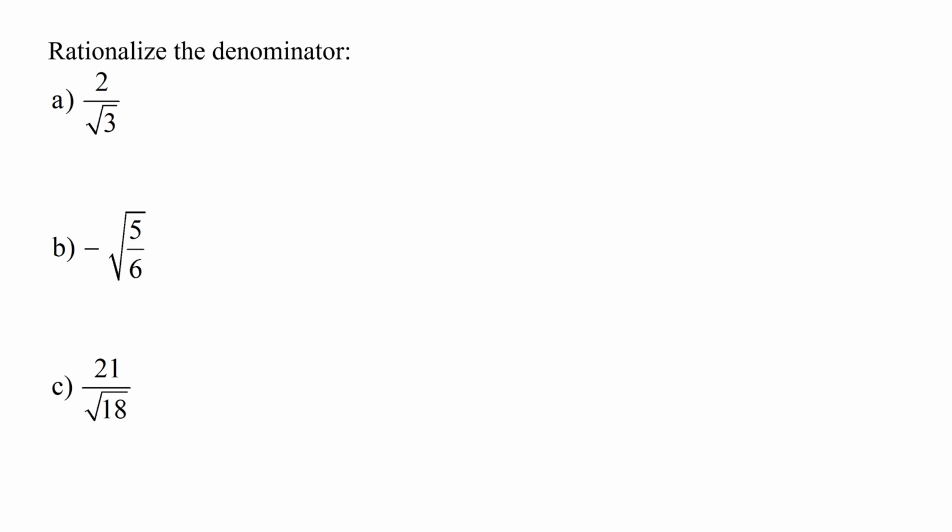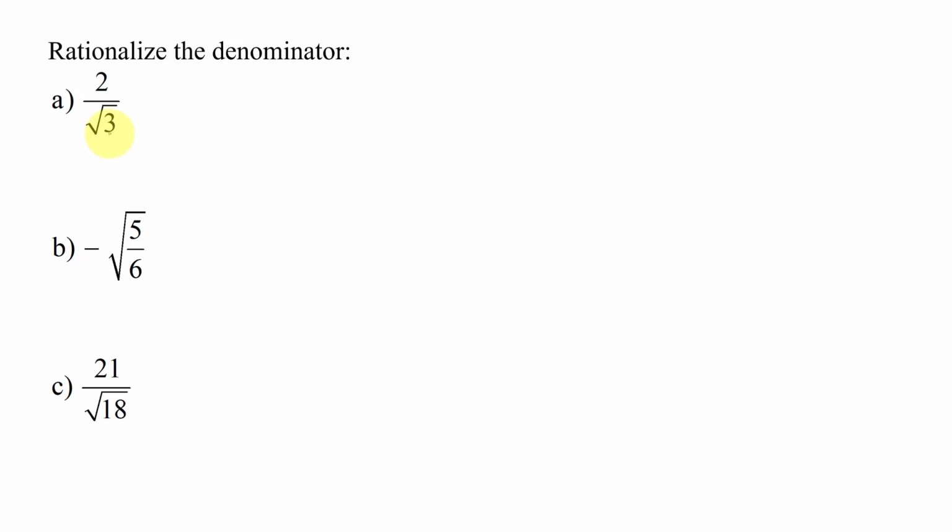that won't simplify. So looking at our first example, which is 2 divided by the square root of 3, I have an irrational number in my denominator. Now, does the square root of 3 simplify? No, this is in simplest form.